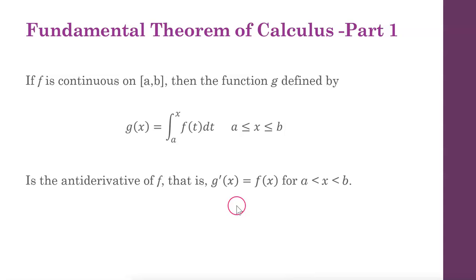And that means if I take a derivative, g prime of x, I get my function f of x. And this, again, establishes a relationship between integrals and derivatives, right? So if I take an integral, remember integrals were defined as an area, I, in a way, am dealing with the derivative of a function.